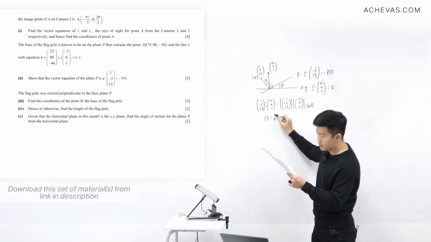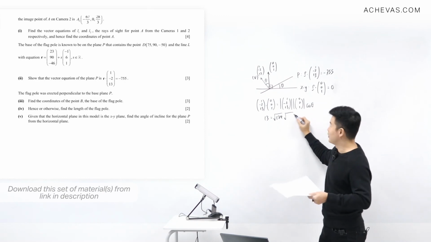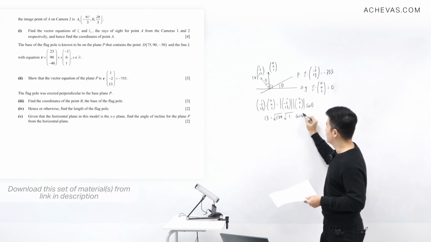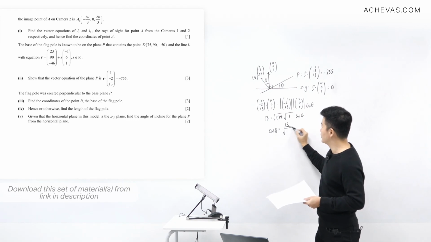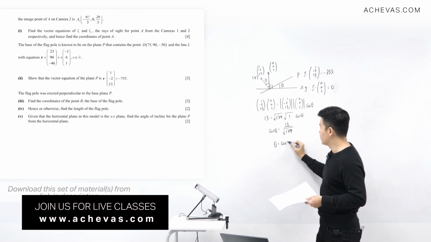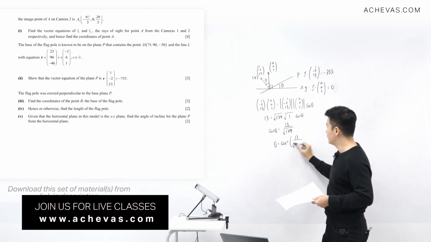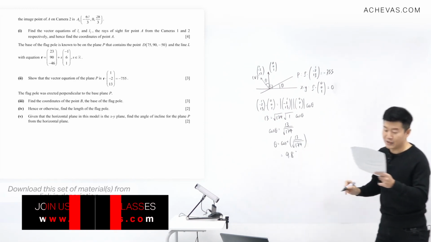This is going to be the square root of 174. This is going to be the square root of 0 squared plus 0 squared plus 1 squared, which is 1. Cosine theta, which means that cosine theta here is going to be equal to 13 over the square root of 174. Theta is going to be equal to cosine inverse of 13 over the square root of 174. And this will work out to be equal to 9.8 degrees.